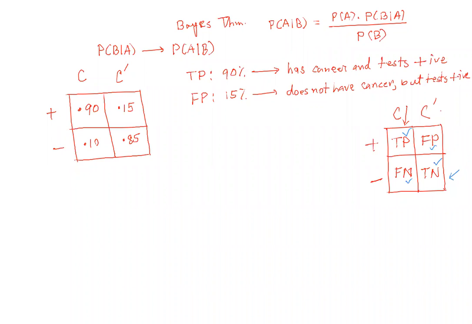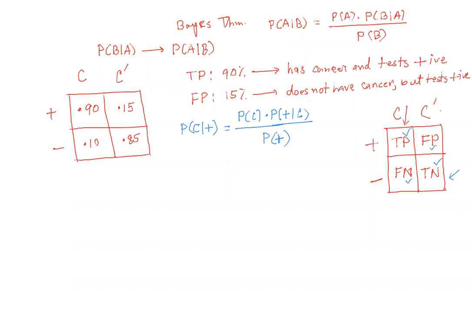All right, now I'm gonna find the probability that someone has cancer given that the person tests positive, which is gonna be probability of having cancer times the probability of testing positive given that someone has cancer, all of it divided by the probability of testing positive.